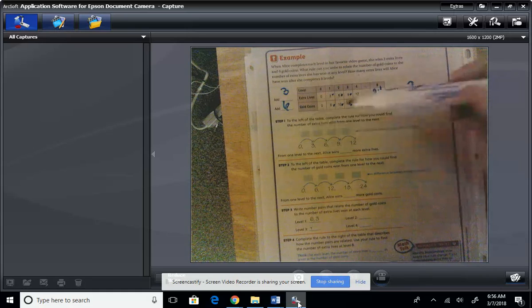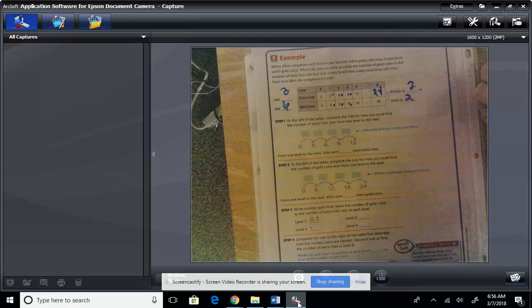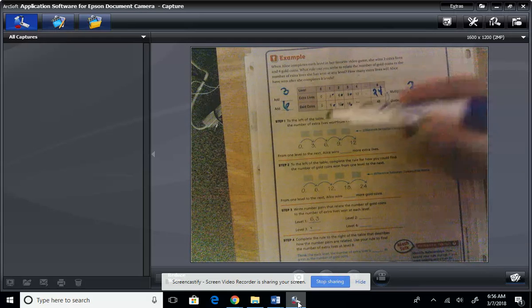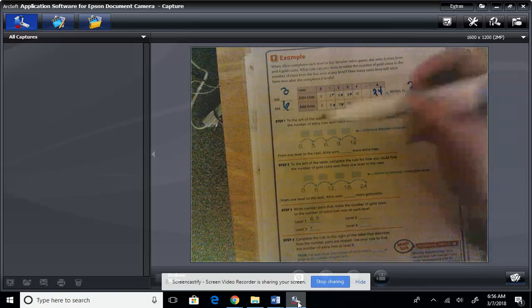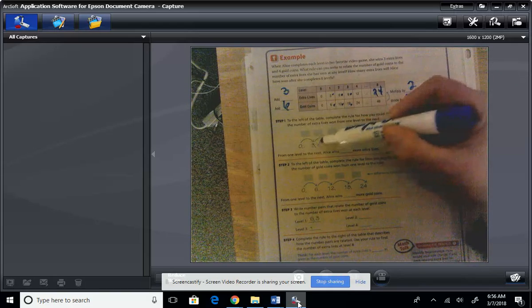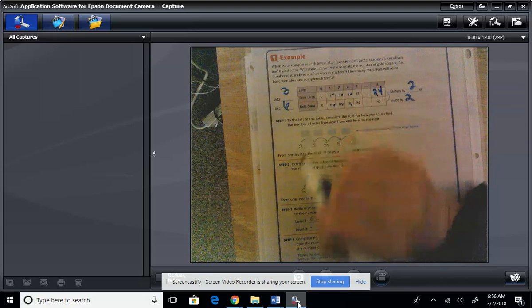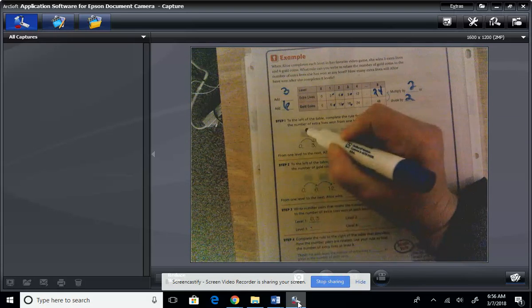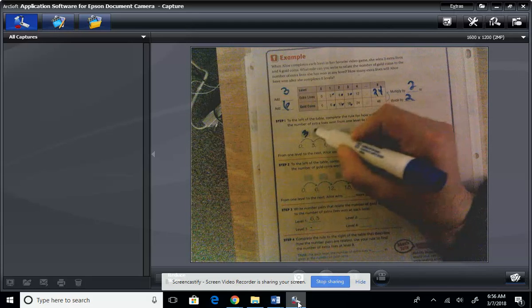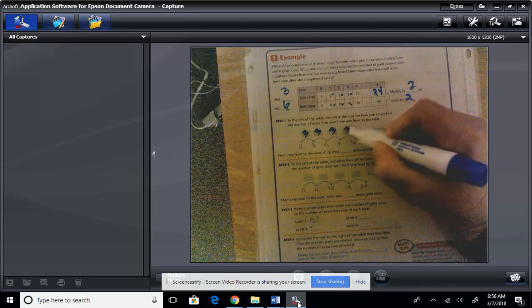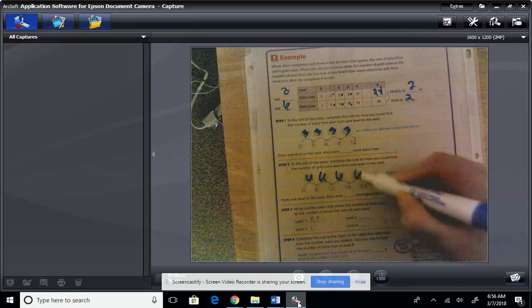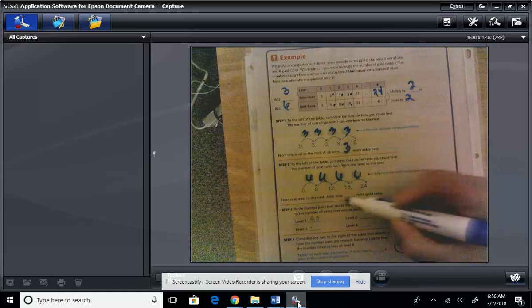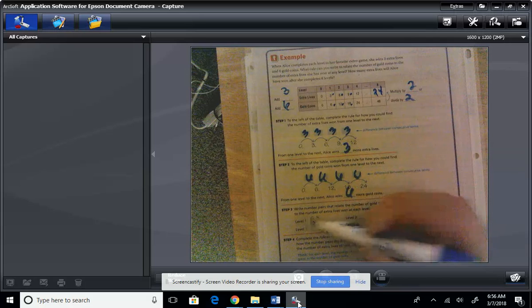To the left of the table, complete the rule on how you could find the number of extra lives won at the next level. So if we know this is 3, we're going by 3s. Here, we're going by 6s. So 6 to 3.